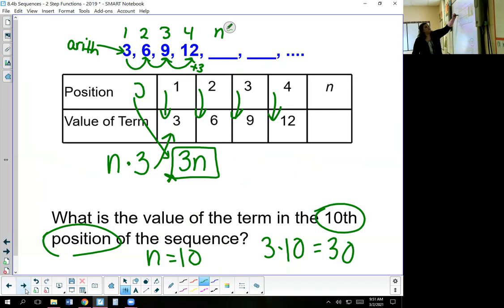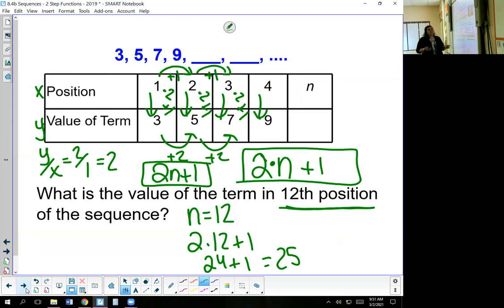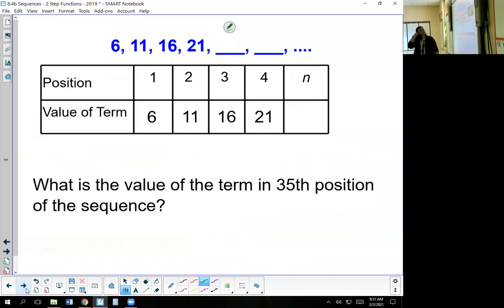Whereas here, if I plug in 0 and multiply by 2 but add 1, no, I'm going to be at the y-intercept at 0, 1. That's why it says plus 1. That's my y-intercept. Okay.